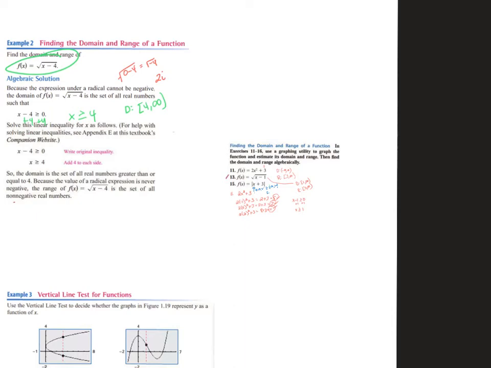If I plug in -3, well, -3 plus 3 is 0, absolute value of 0 is 0. So the lowest number that I'm going to get when I plug in anything is 0. And the highest number I get could be anything from 0 to infinity. So you guys just have to use your brain a little bit. We're going to look at this and say, okay, what makes sense? We're going to take our time and solve our inequalities, and we'll move on from there.